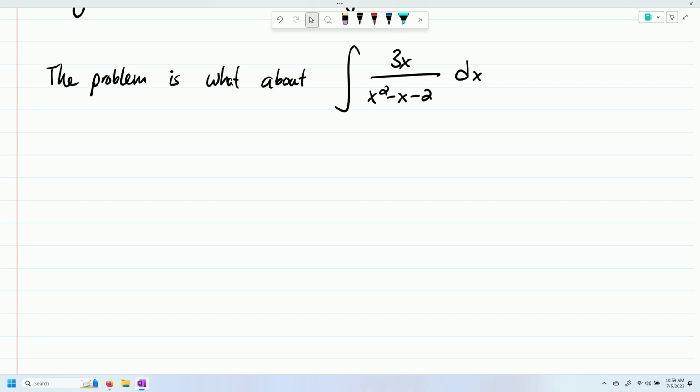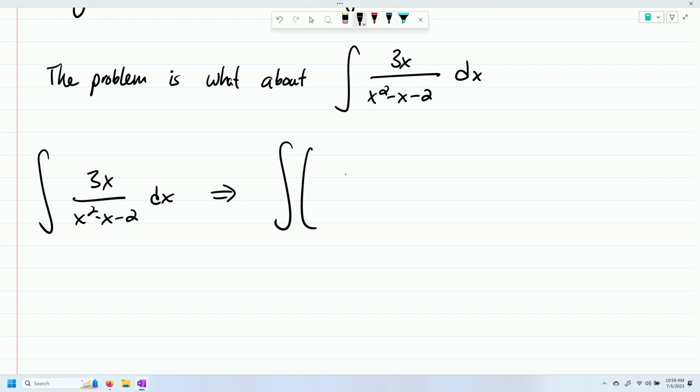So I'm going to tell you this. The integral of 3x over x squared minus x minus 2 dx is actually the integral of 1 over x plus 1, plus 2 over x minus 2, dx.